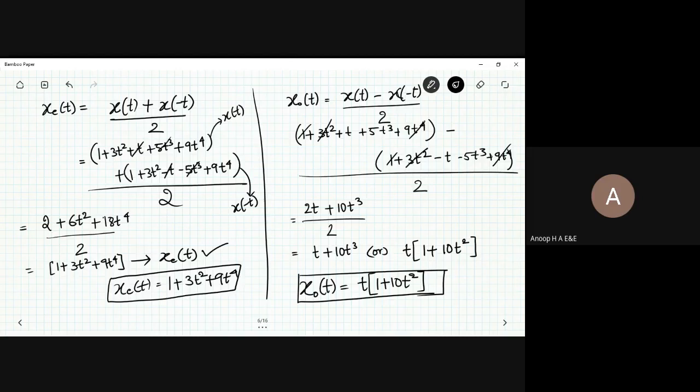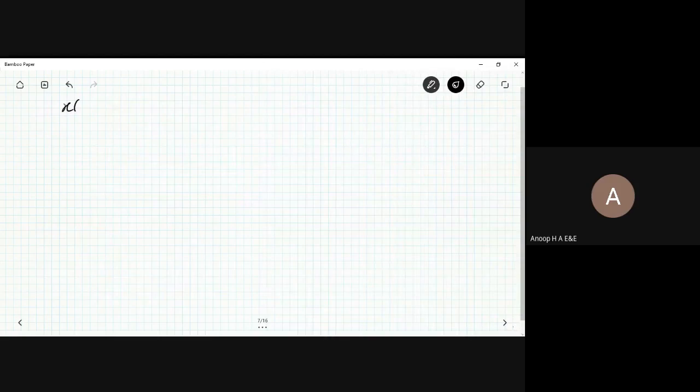Next, what you can figure out is another x of t function. You can find x of t as 1 plus t cube times cos cube 10t. This is another function, which is 1 plus t cube times cos cube 10t.